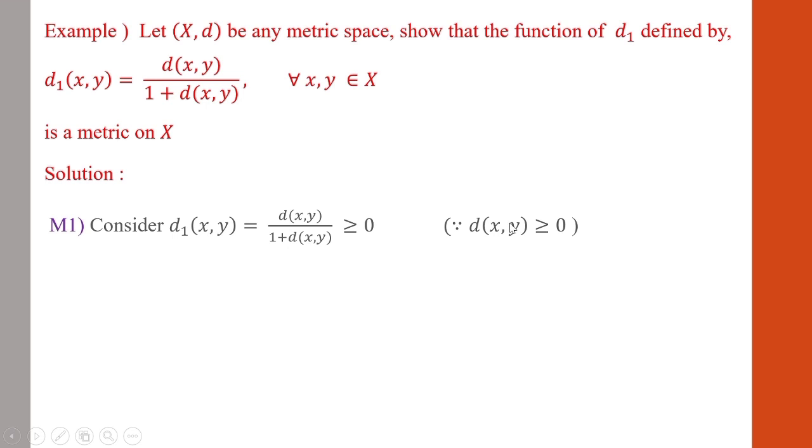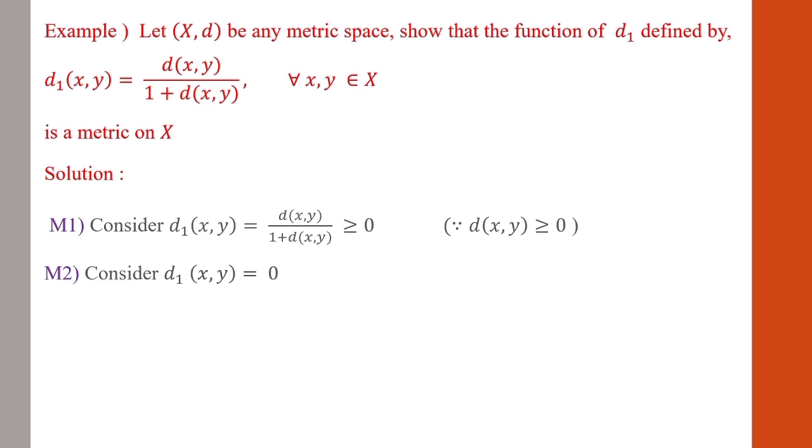Now here d(x,y) is always greater than or equal to 0 for all x, y belonging to X, because d is a metric on X. So d(x,y) is non-negative. Also in the denominator, d(x,y) is non-negative, plus 1 is again non-negative. So non-negative divided by non-negative gives a non-negative quantity, and therefore d1(x,y) is greater than or equal to 0, and therefore it satisfies non-negativity.